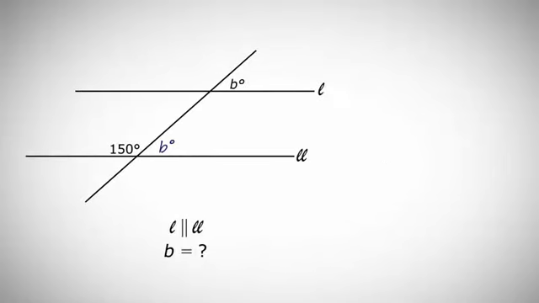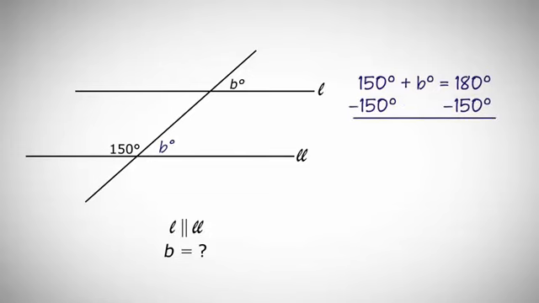Knowing that, we know that 150 degrees plus angle B must add up to 180. So in order to solve for B, we need to subtract 150 from 180, giving us a value of 30 degrees for B.